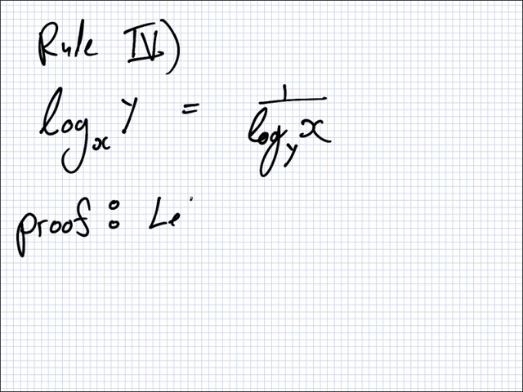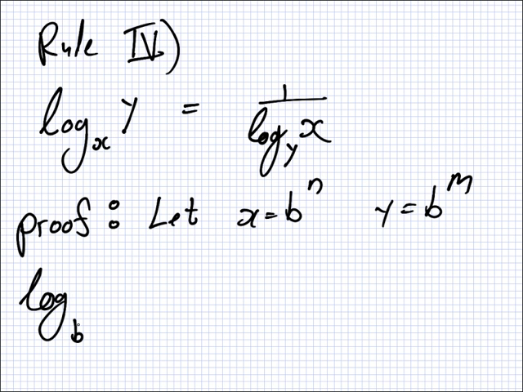Okay, the proof now. Again, the proof is looking pretty similar. You say let x equal b power n and y equal b power m. Log base x of y is equal to log base b^n of b^m.